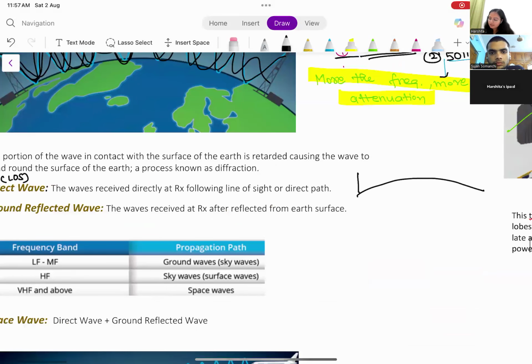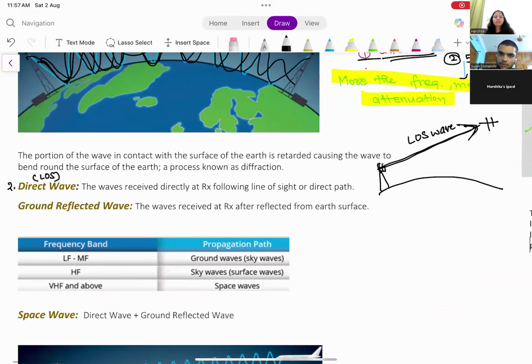Basically, if there is a transmitter like this, if I send a wave like this and the aircraft receives the signal, this is known as a line of sight wave. So, direct wave is basically line of sight wave. That means the waves are received directly on the line of sight path or the direct path. There is no obstacle in between, no earth, nothing.